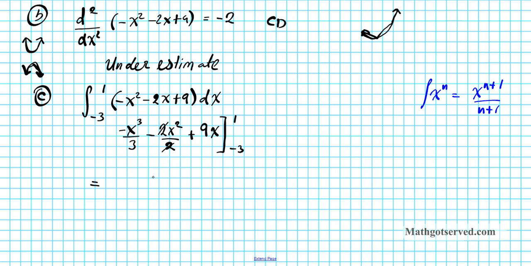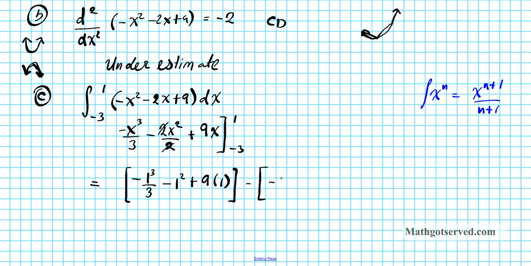Using FTC part 2, we're just going to input the upper limit of integration, 1, into the antiderivative: negative 1 to the third over 3, minus 1 squared, plus 9 times 1. And then minus what you get when you plug in negative 3.